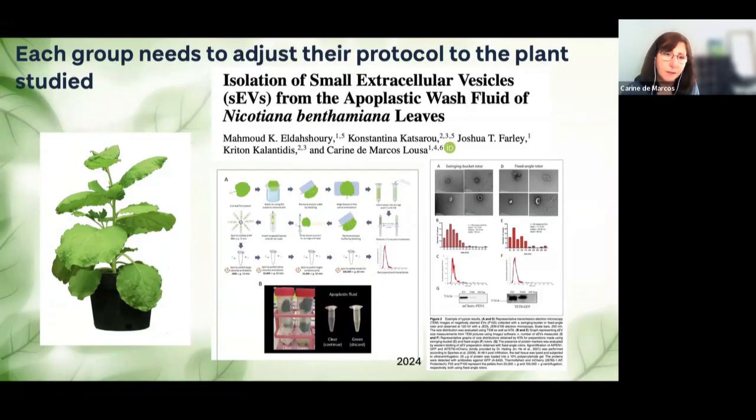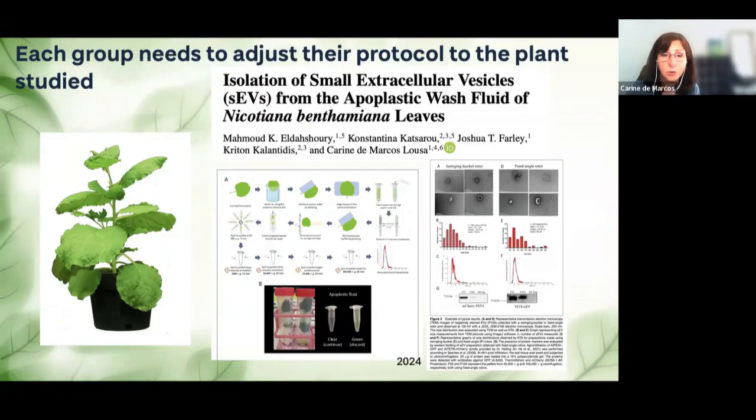currently a plant that is used in pharmaceutical settings to express proteins for example, for vaccine, as I told you. So we have noticed that using the same protocol as Arabidopsis didn't work.